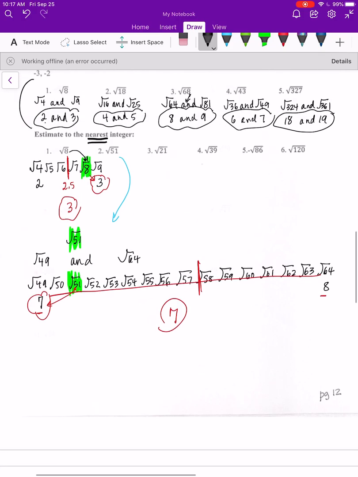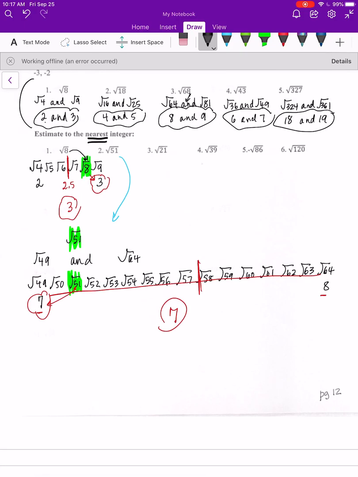So it's between the square root of 16 and the square root of 25. Okay, so I have 16, 17, 18, 19, 20, 21, 22, and I didn't even save myself enough room. 23, whoops, I wrote that backwards, 24, and 25.